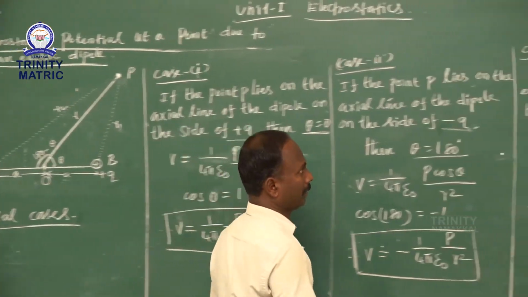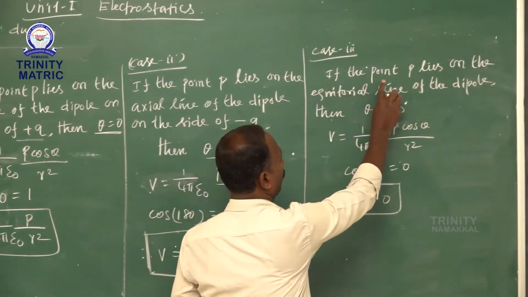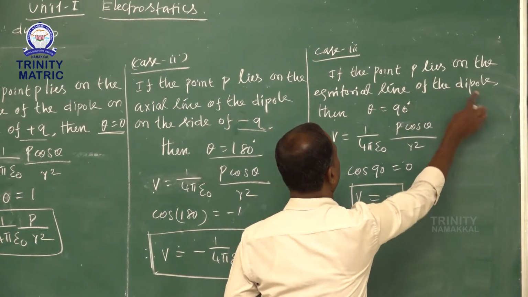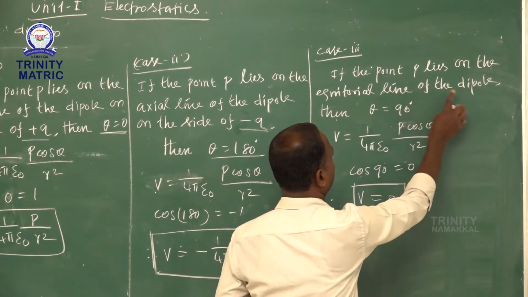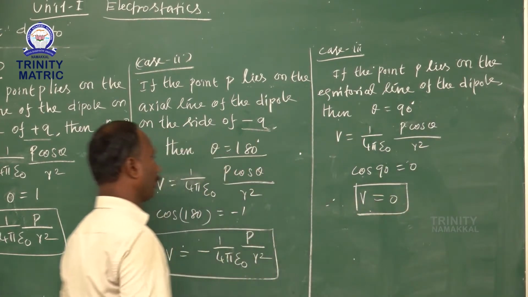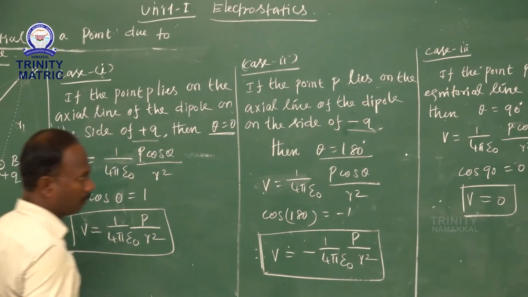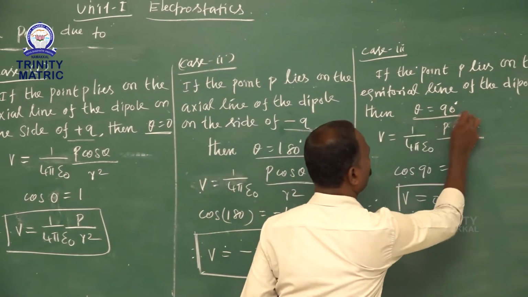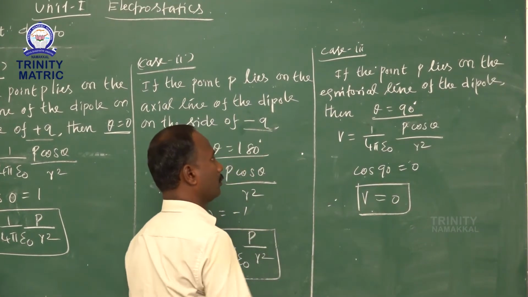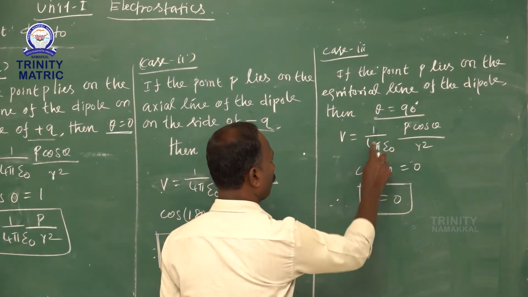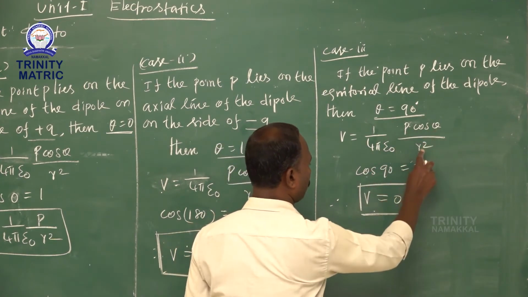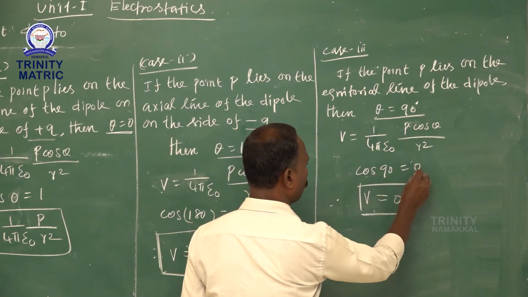Now we see case number 3. If the point P lies on the equatorial line of the dipole, the equatorial line means exactly here, so theta is equal to 90 degrees. Applying V is equal to 1 by 4 pi epsilon naught p cos theta by r square, cos 90 is equal to 0.